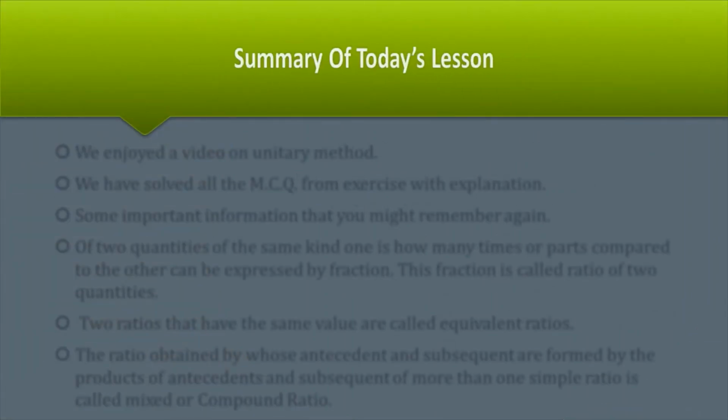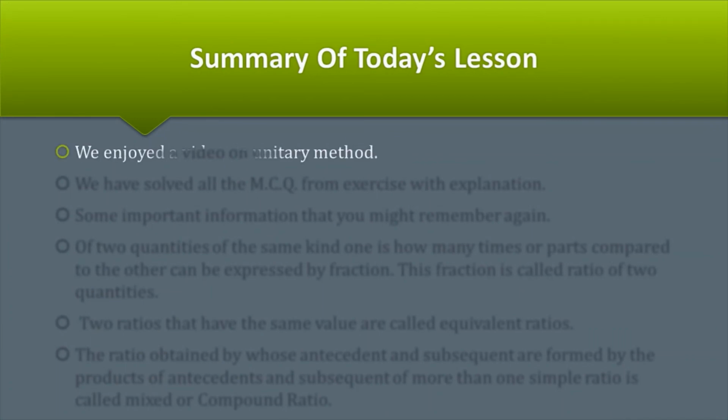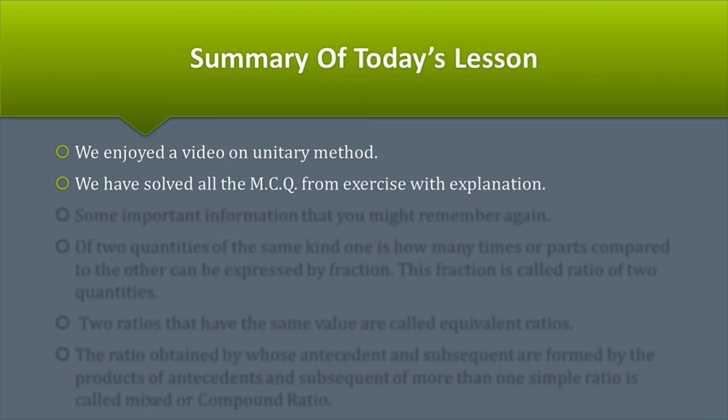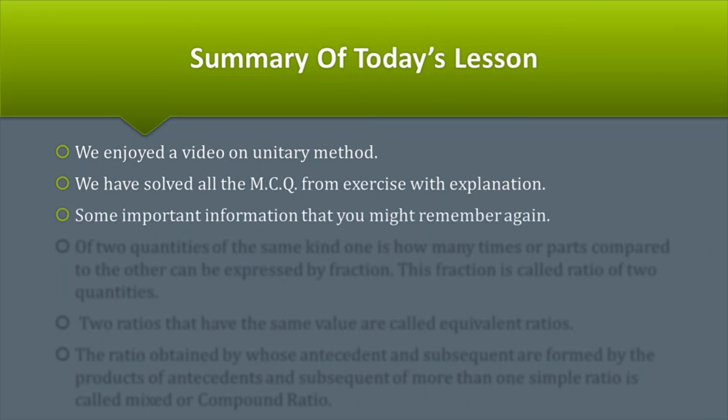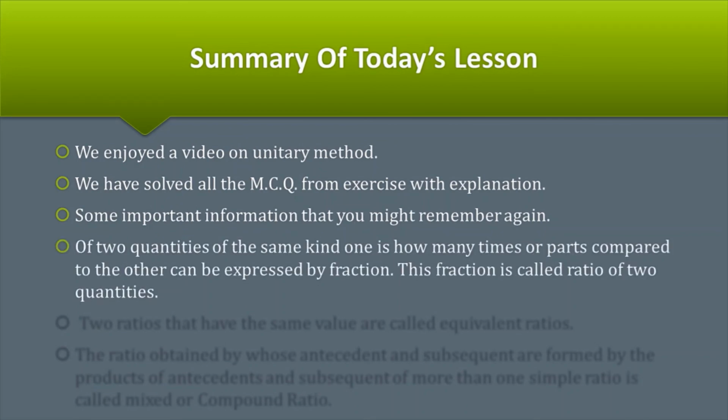So, summary of today's lesson. We enjoyed a video on the unitary method. We solved all the MCQs from the exercise with explanation. Some important information that you might remember again. Of two quantities of the same kind, how many times or parts one is compared to the other can be expressed by a fraction. This fraction is called the ratio of two quantities.